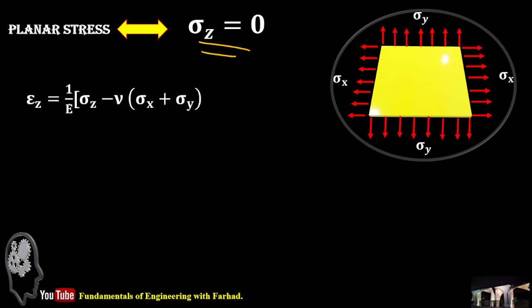If sigma z is equal to 0, then we can write epsilon z is 1 over E times sigma z minus nu times the parenthesis sigma x plus sigma y, both of them.